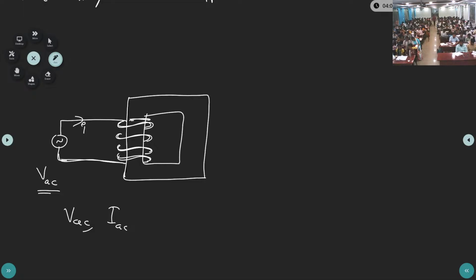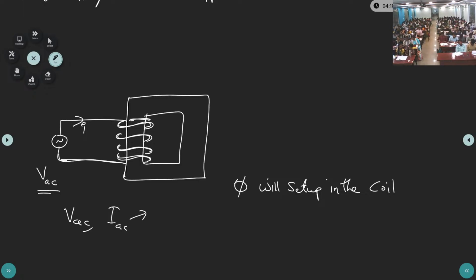So this AC current flows because of the winding around the core. A flux will be set up in the coil. What is meant by coil?